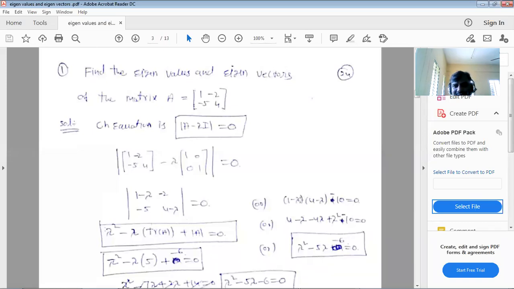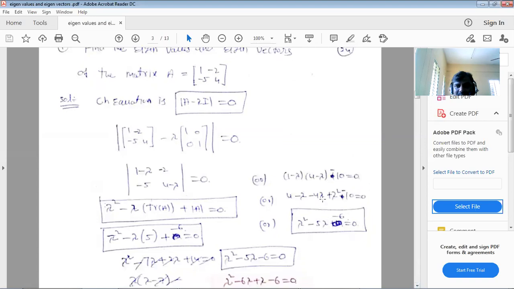There will be addition, subtraction and multiplication. If you are thorough, you can go through this. If you change any one of the signs here, it will affect our answer and the problem. Therefore, AD minus BC you have to calculate carefully.